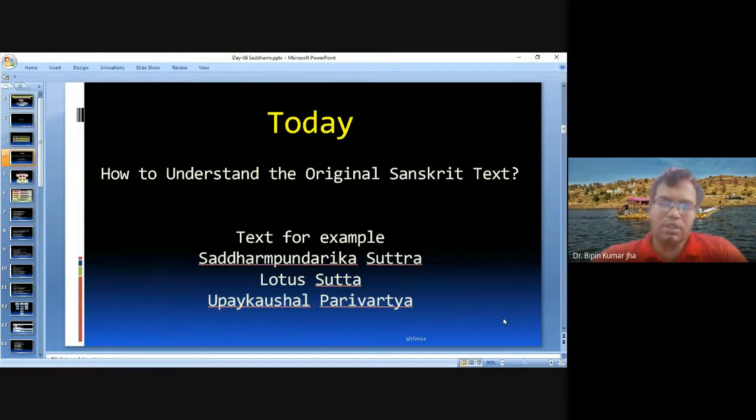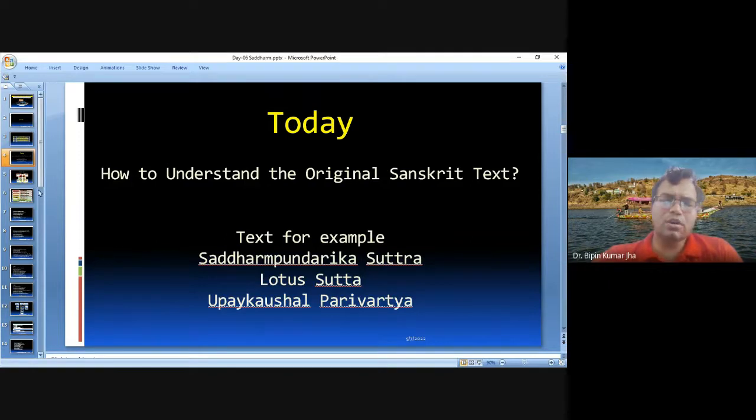The example is from the Upaya Kaushal Parivarta, in which you can find the possibilities to learn a skill. In this text, the skill is to learn yourself. That is the main motto of this text.